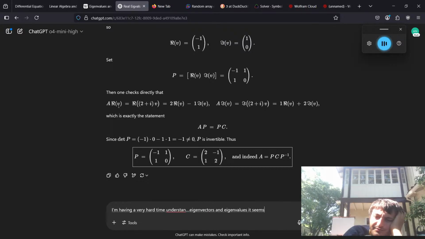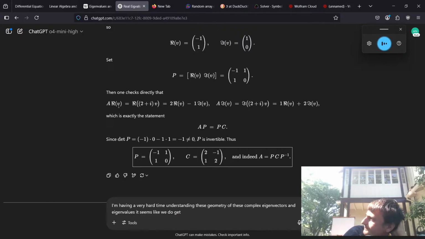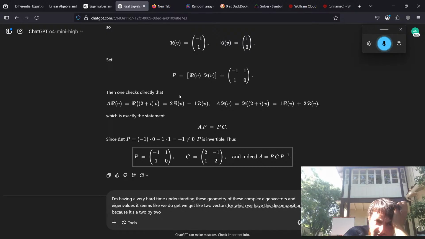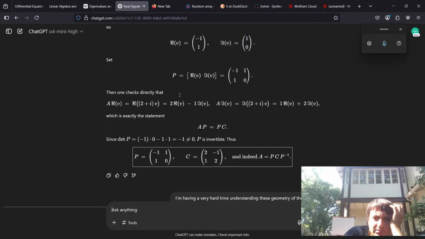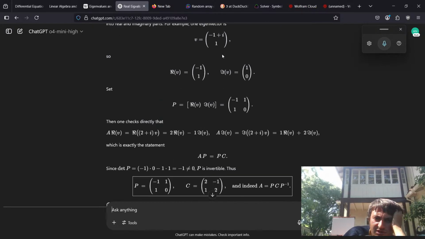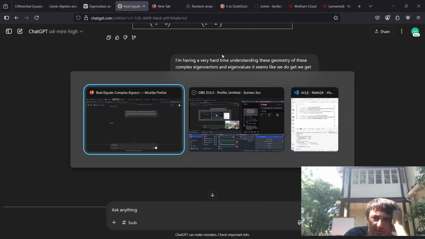It seems like we get two vectors for which we have this decomposition because it's a 2 by 2. I don't know. Let's just see what it says. It's just so complicated.